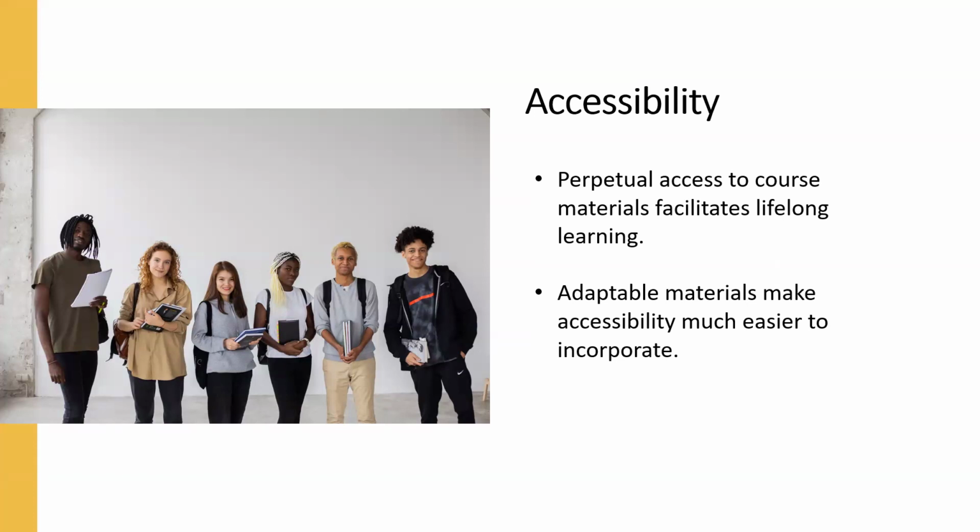However, since OER materials can be reused and repurposed, it is much easier for faculty to adapt these materials to fit the needs of their students, or for students to adapt the material themselves to fit their own needs. It lets students have access to the core functions of these materials and use them in a way that works best for their education.